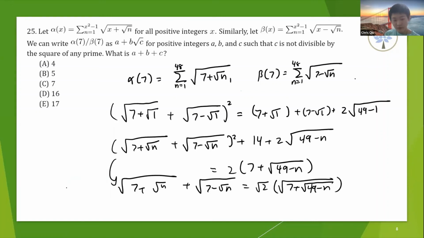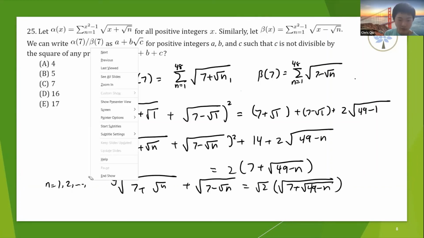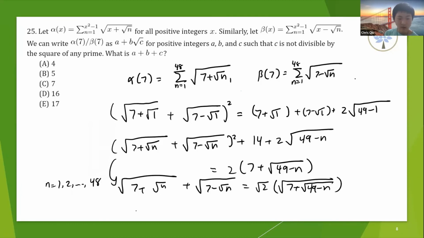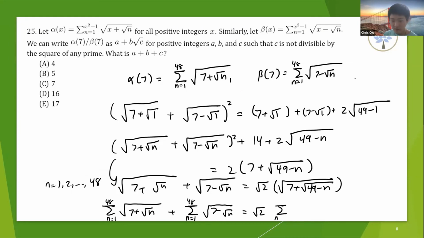And if we add up this equation for n equals 1, 2, all the way to n equals 48, we get that the sum from n equals 1 to 48 of root 7 plus root n plus the sum from n equals 1 to 48 of root 7 minus root n is equal to root 2 times the sum from n equals 1 to 48 of the square root of 7 plus root n.